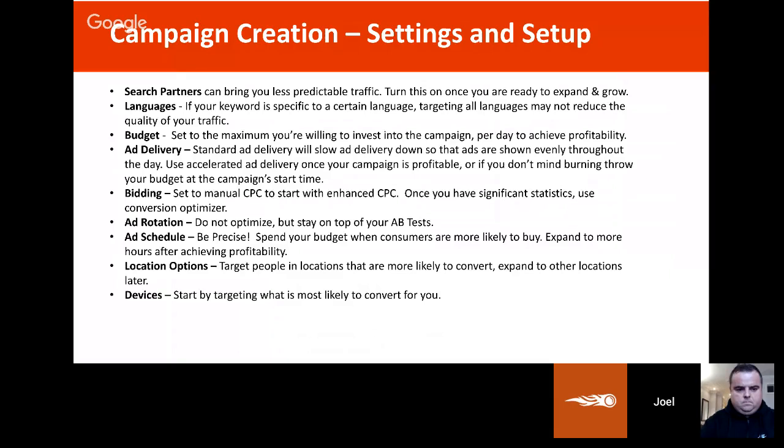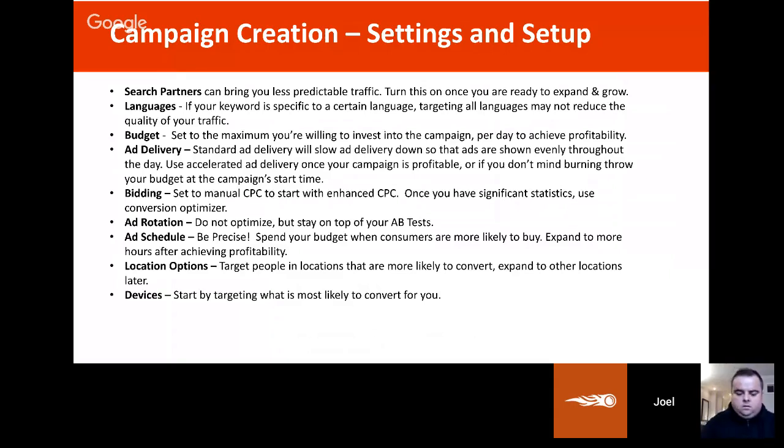Languages. If keywords show an intent, target all languages. Budget. Budget is the maximum you're willing to invest into the campaign or into those keywords in order to achieve profitability. Ad delivery.